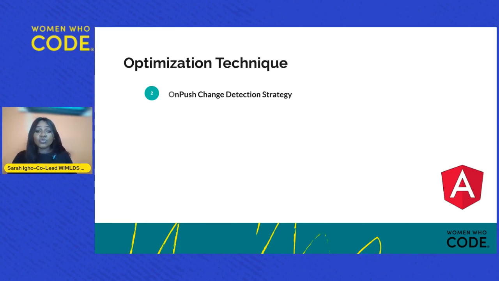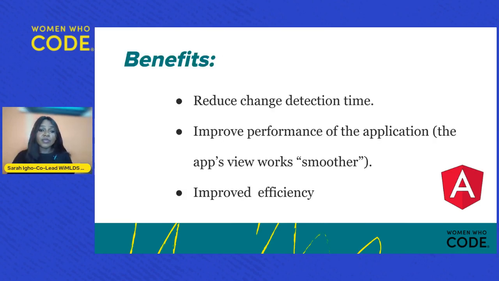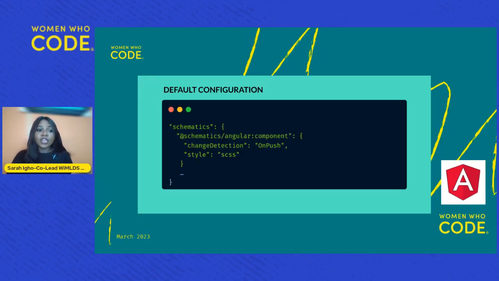So to use the OnPush change detection strategy in Angular, you need to change the changeDetection property of the component to ChangeDetectionStrategy.OnPush, for example, as seen on the screen. I wouldn't want to go into how it works, so that we can cover other concepts basically.